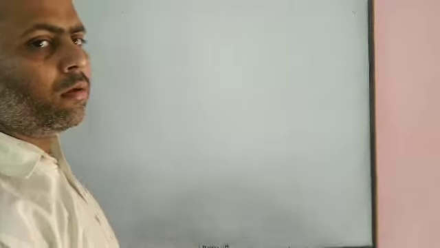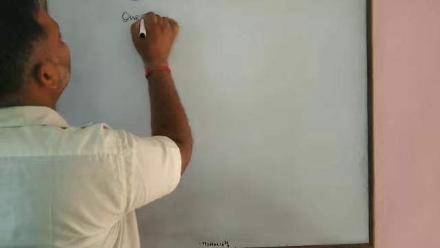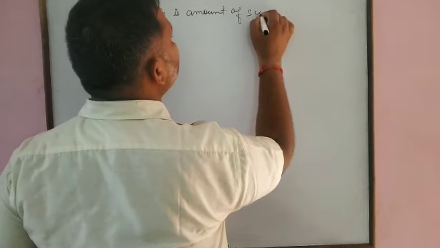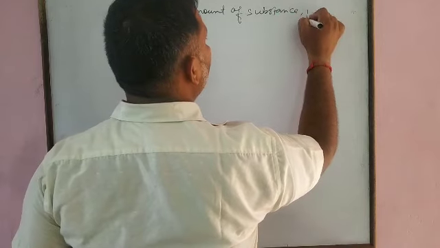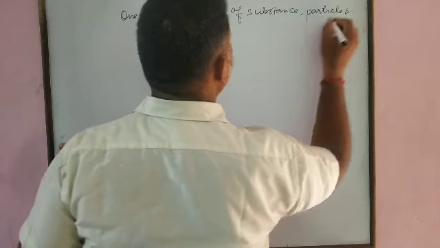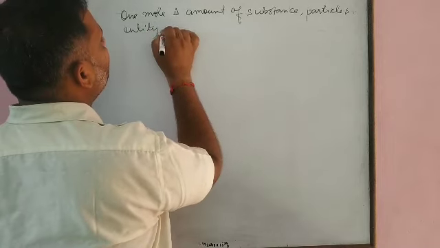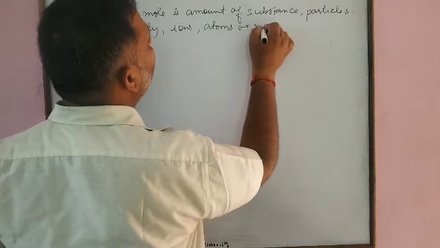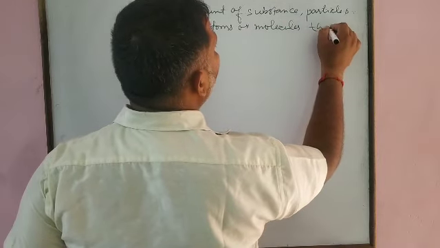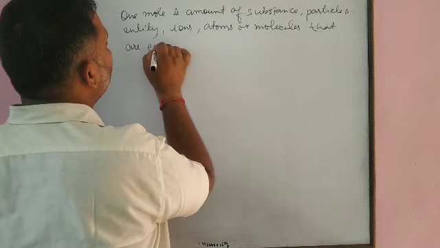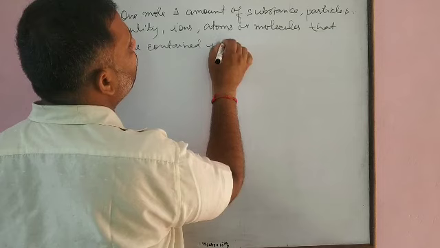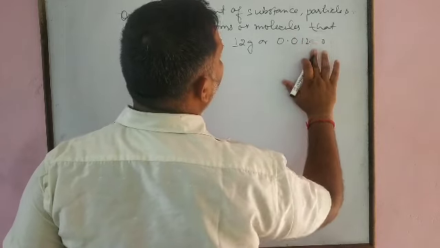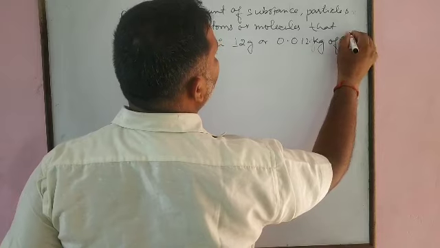Let us know it. 1 mole is the amount of substance, particles, entities, ions, atoms or molecules that are contained in 12 gram or 0.012 kilogram of carbon 12.